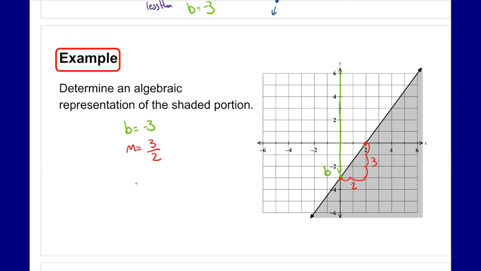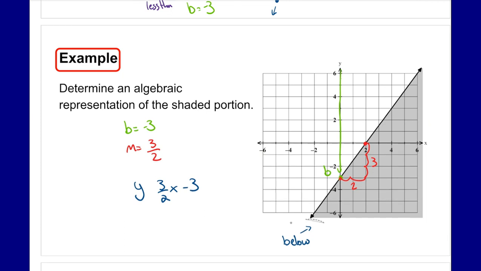Right now I have y equals 3 over 2x minus 3. The only other thing now that we have to take into consideration is the shaded portion. So the shaded portion, is it above or below? Well, because it is below, that means that it is going to be less than for our inequality.